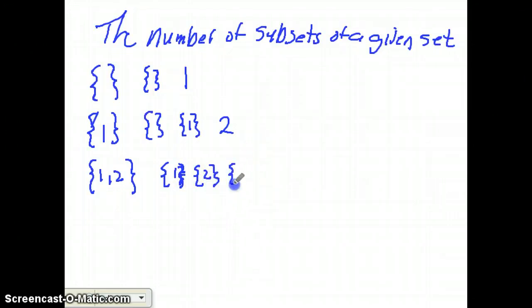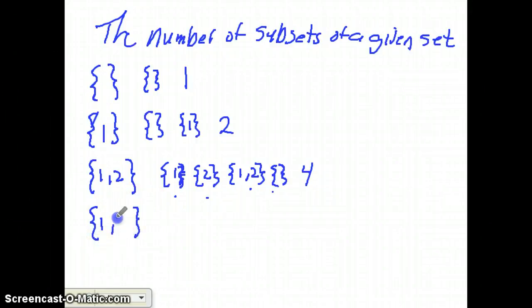I have the 1 and the 2. Right? That's a subset because every element in here is also in here. Let's see. Hold the phone. How about the empty set? Now count them up. 1, 2, 3, 4. There are 4.